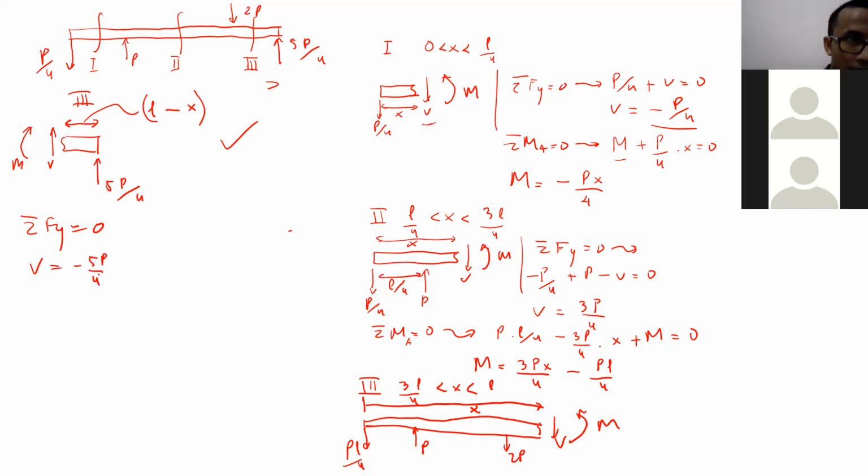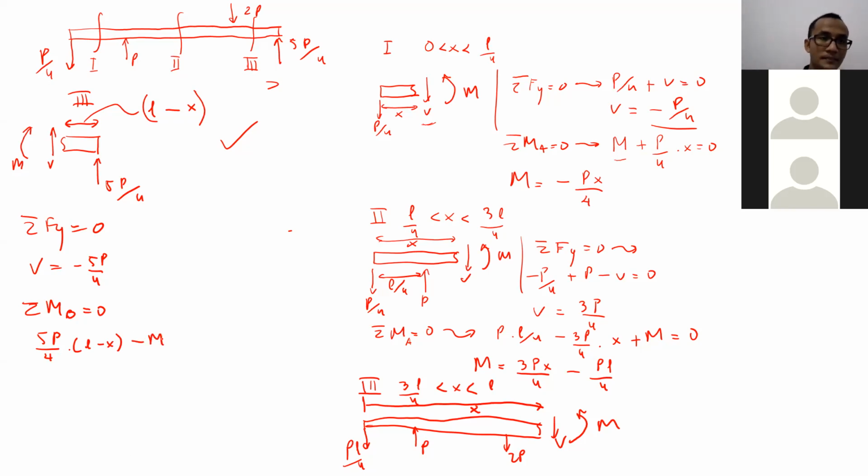And using sigma moment at P equal to 0, what will we have there? 5P over 4 times L minus X, minus M. Minus M, correct.